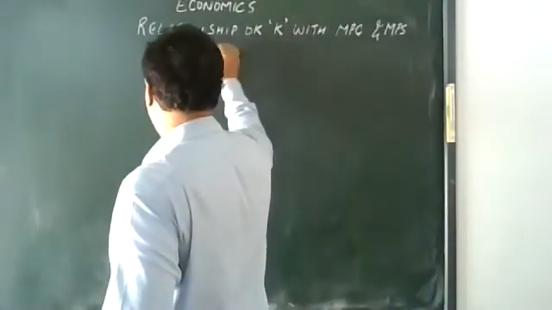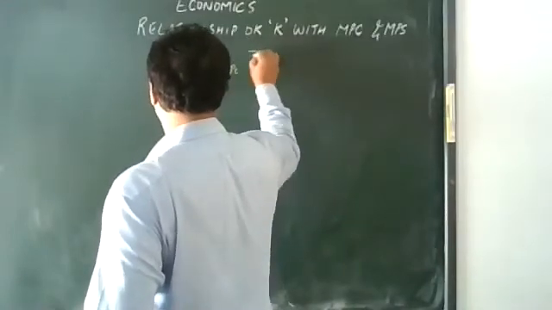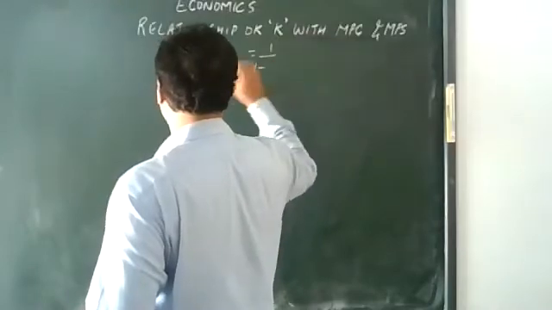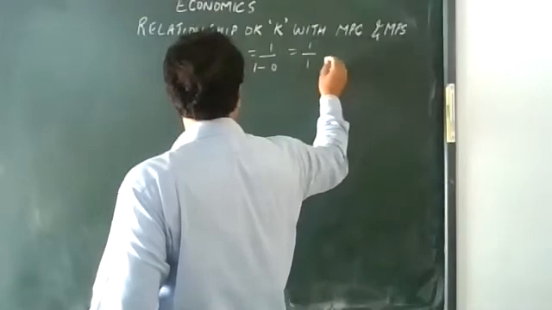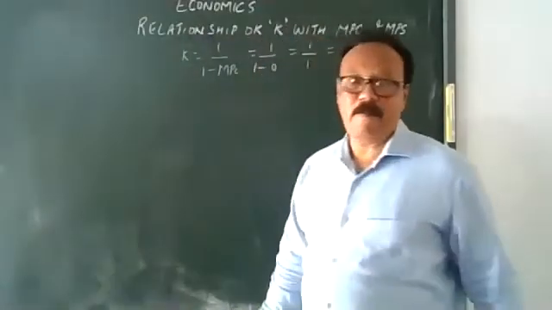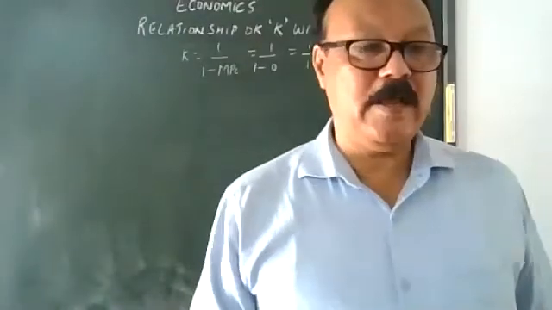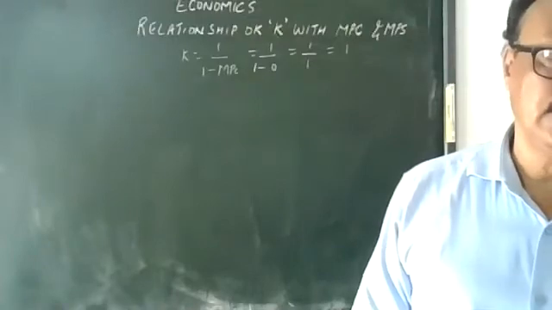K equals 1 upon 1 minus MPC, that is equal to 1 upon 1 minus 0. In that case, your multiplier is 1 when MPC is 0.